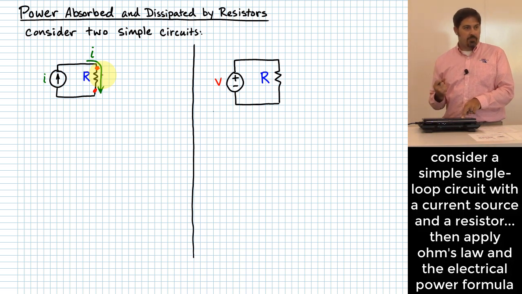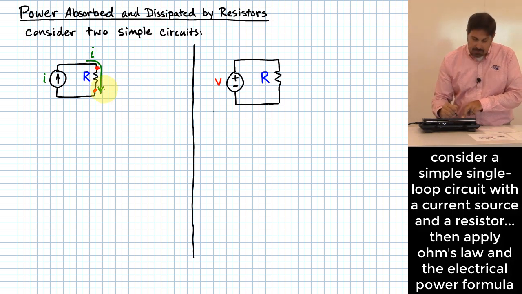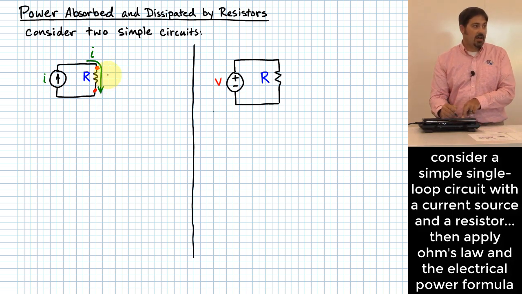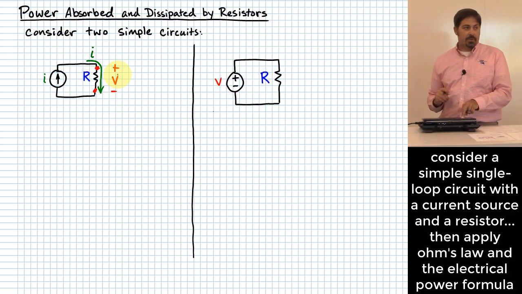They absorb energy, and from what we looked at last time, things that absorb energy always have the current flowing into which polarity of terminal? The positive one, right? So because I see this current flowing down through here and I have a good inkling that this thing is not supplying energy, it's absorbing energy, that means I can say that the voltage is definitely going to be in that direction, assuming that I really does go the direction I'm showing. So that would be a consistent way to write it.